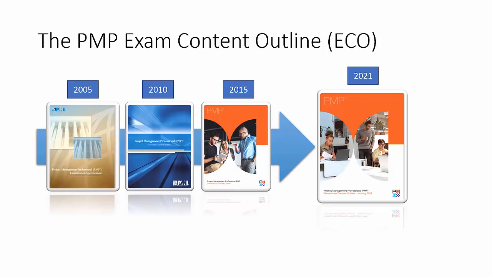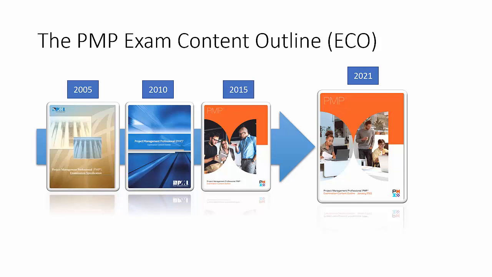The Exam Content Outline has also evolved in time, and today we are at the latest edition that was issued in January 2021. Now you may notice that it was issued in January 2021, while the PMBOK 7 was issued in August 2021. Actually, the electronic version already in July 2021.